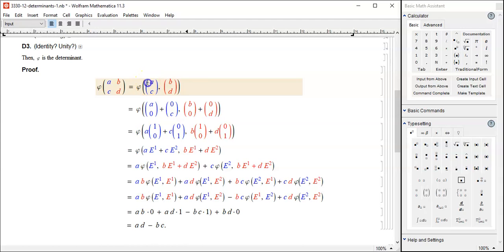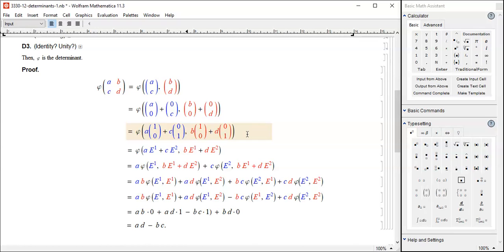We can separate this AC using A0 plus 0C and this BD by B0 plus 0D. That was easy. Next, we can bring this A out, C out, B out, D out, so that we have 1, 0, 0, 1, 1, 0, 0, 1.